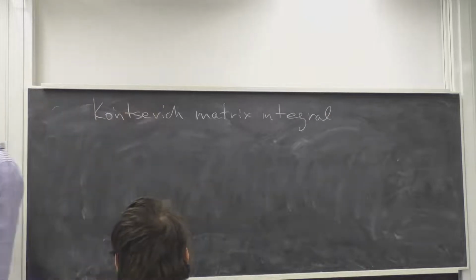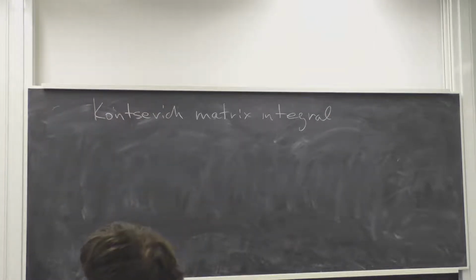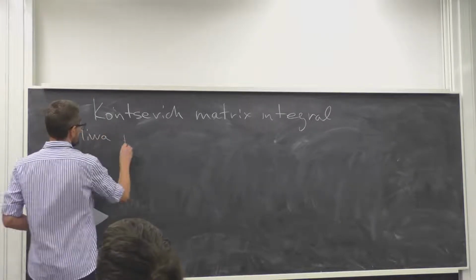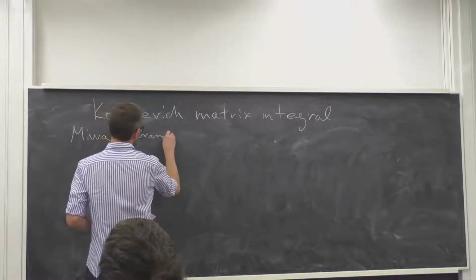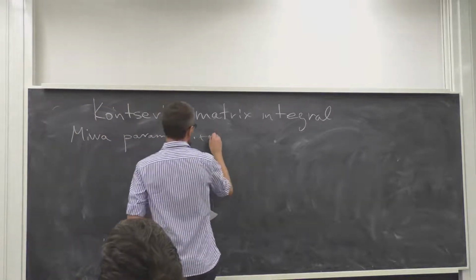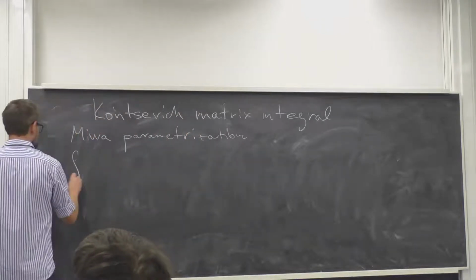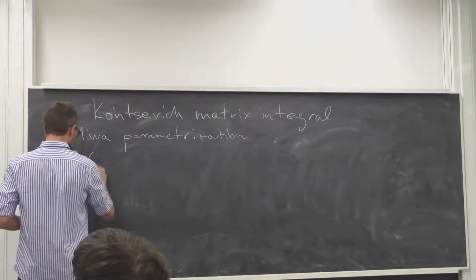So for any function of these small t variables, we consider the so-called Kontsevich parameterization, and we define it in the following way.